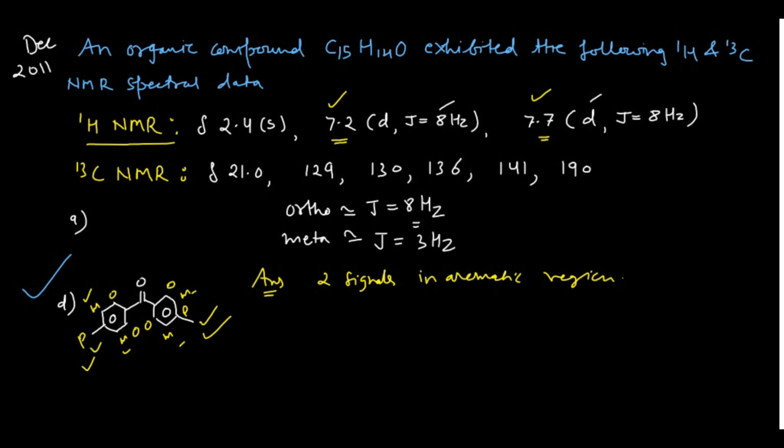So these two methyls will give you the singlet at 2.4, and then your 7.28 hertz, 7.78 hertz. So ortho and para, if you check here, they will have this value of 8 hertz, right? So this is your correct answer, okay. So this is how you can solve this particular problem also.